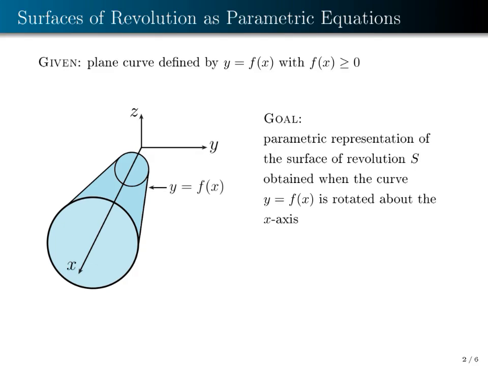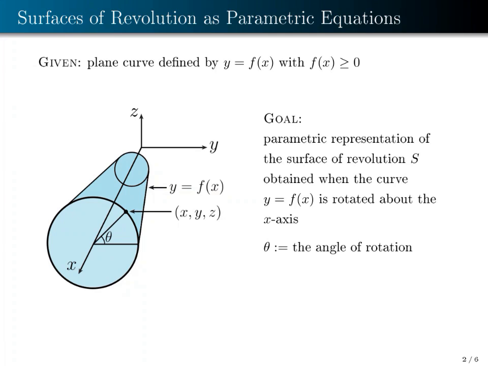We see the resulting surface S, called a surface of revolution or SOR for short, in the figure. In Math 22, Cartesian equations for SORs were derived. Here, our goal is to obtain a parametrization of the SOR.